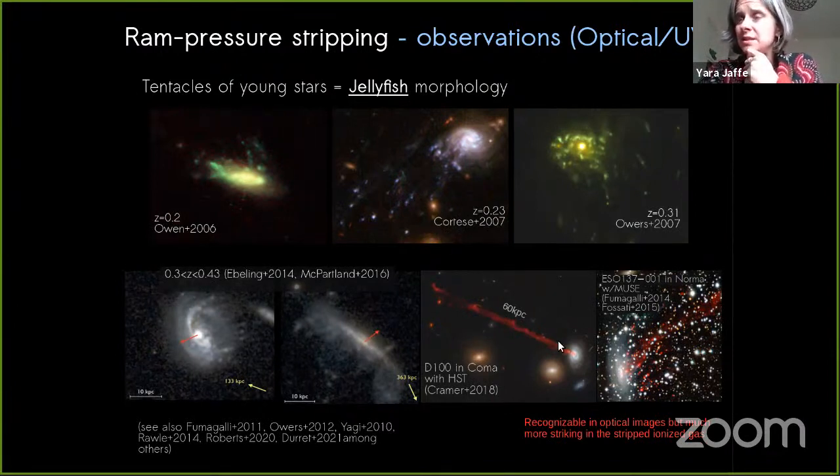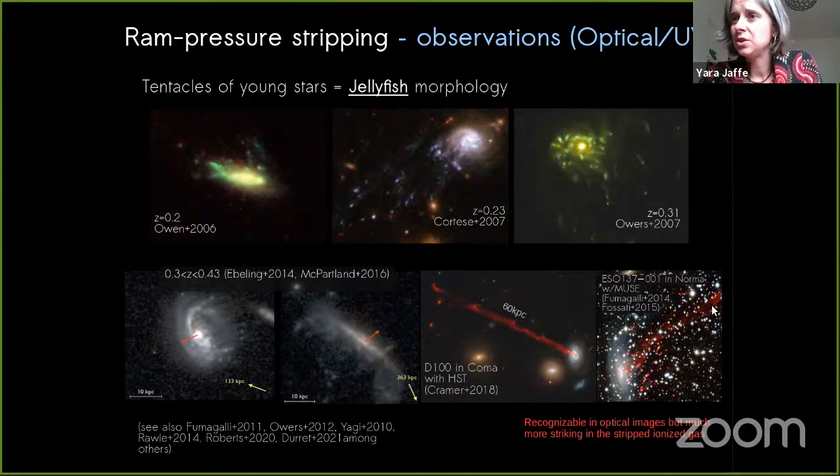And in some cases, there have been narrowband H-alpha observations. In this case, it's a Coma galaxy observed with HST, and on the right-hand side, it's a galaxy in the Norma cluster observed with the MUSE integral field spectrograph.